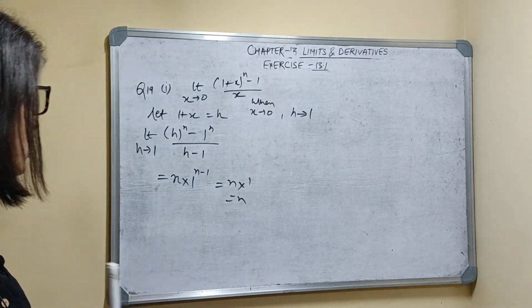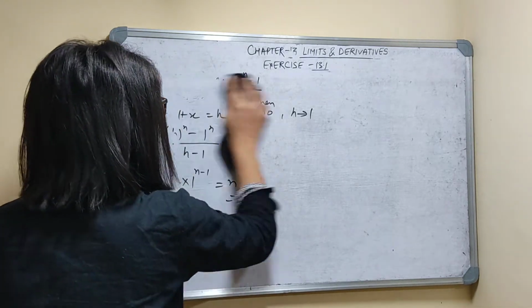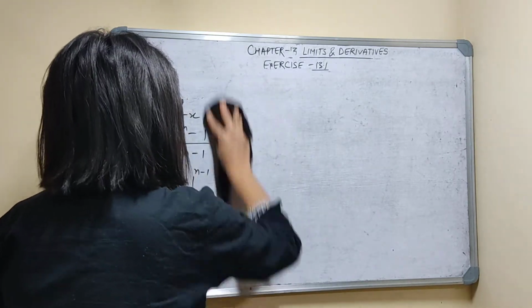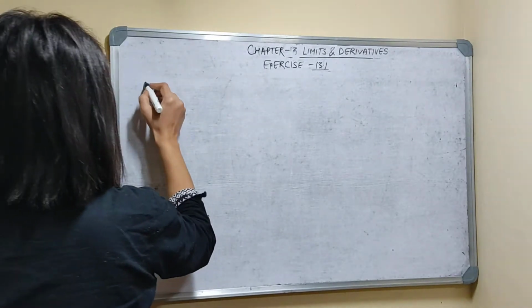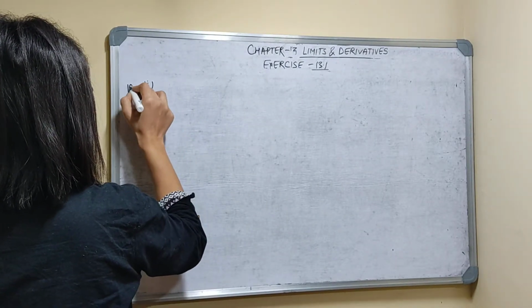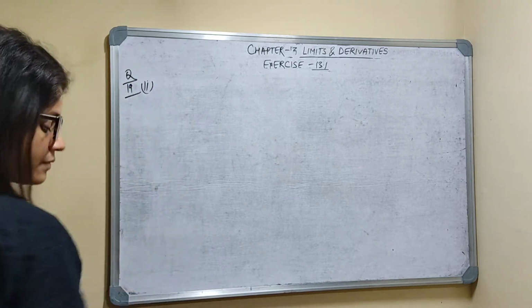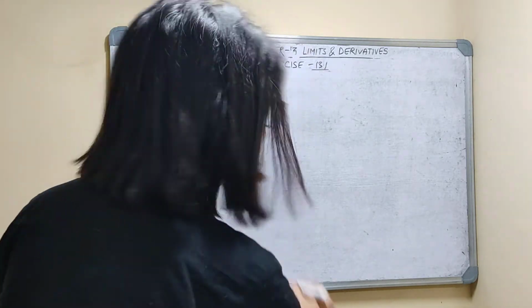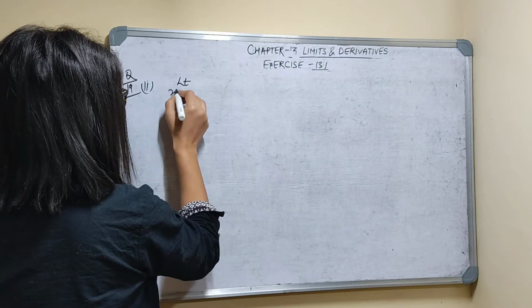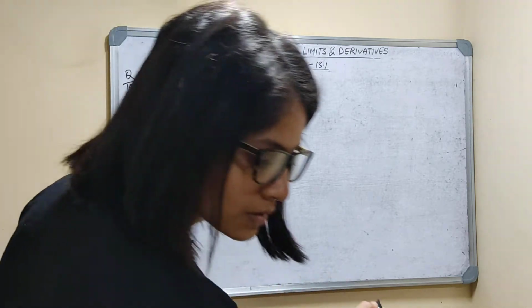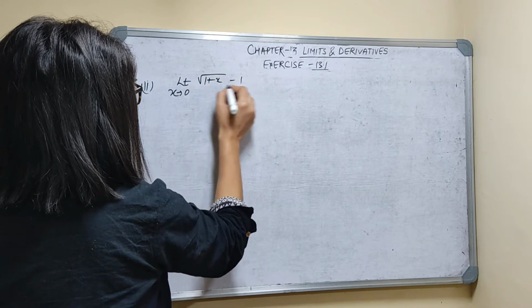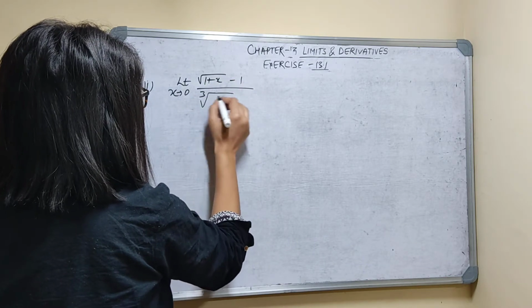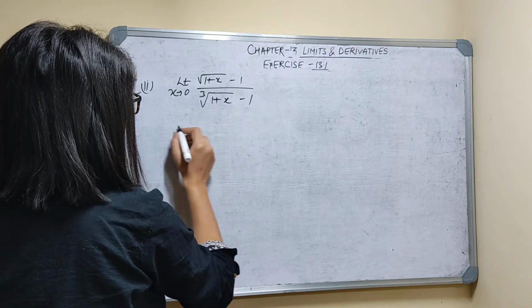Now question number 19, second part. You can see the limit as x tends to 0 of (root of 1 plus x minus 1) upon (cube root of 1 plus x minus 1).